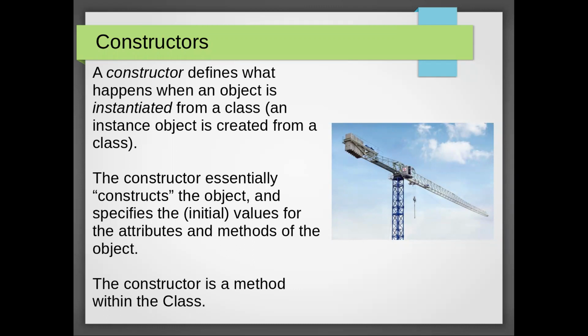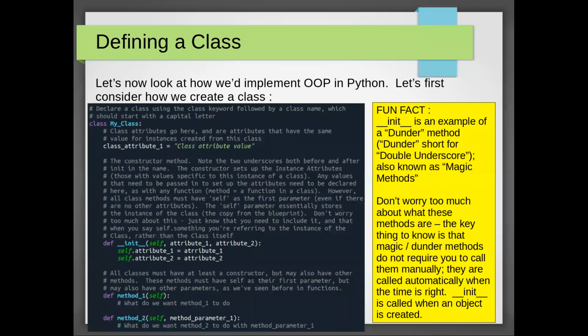It's how you are going to create this thing. So it constructs the object. It will set up all the initial values for the attributes, and it will set up all the methods, and it will bring this object into being from the class description. So let's have a look at what this would look like in Python.